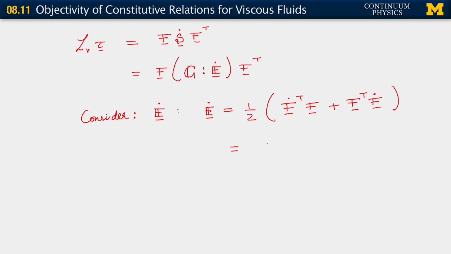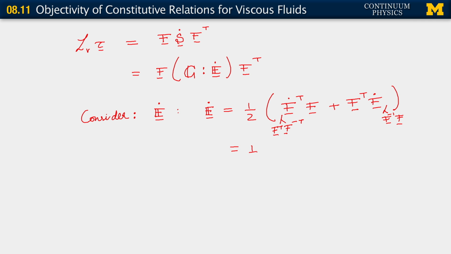So what I'm going to do now here is I'm going to introduce there an F inverse F, and here I am going to put in F inverse transpose F transpose.